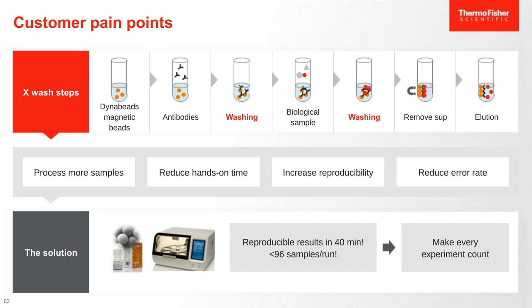This makes the perfect match to reduce error rate, increase reproducibility, and also focus your workload in the lab. You provide all the samples in your plates, push the button and walk away, and then come back when the protocol is done and the proteins that we have captured are ready for analysis.